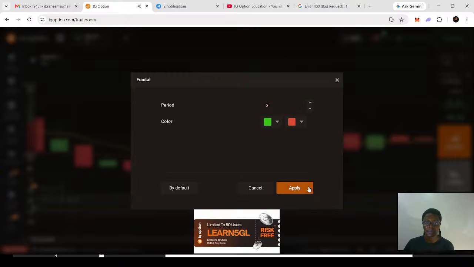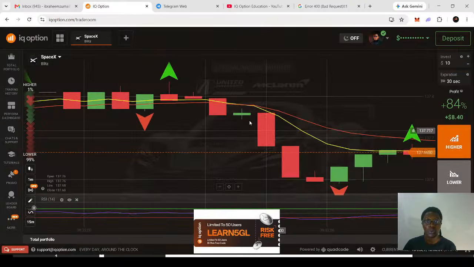You have a fractal appearing right here, then you have the cross happening around here, and the RSI is below 50. So when you enter your trade around this section, at 3 minute or 5 minute, chances are your trade would be very successful.